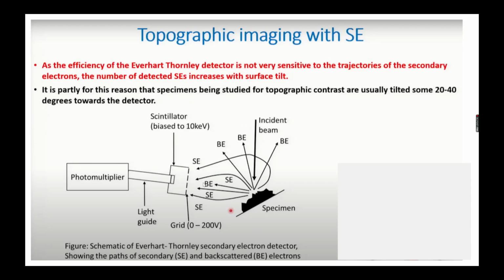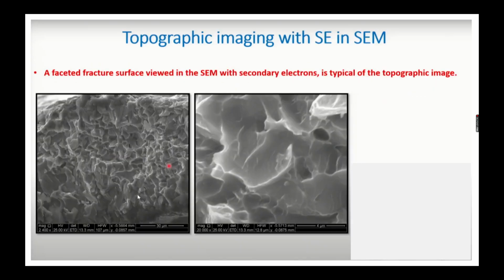Here you can see the specimen is tilted. The incident electron beam is coming and interacting with your sample, and secondary electrons and backscattered electrons are generated. We have seen this in our last session, with the different secondary electrons 1, 2, 3, and the backscattered electrons, and how they get detected by your ET detector.